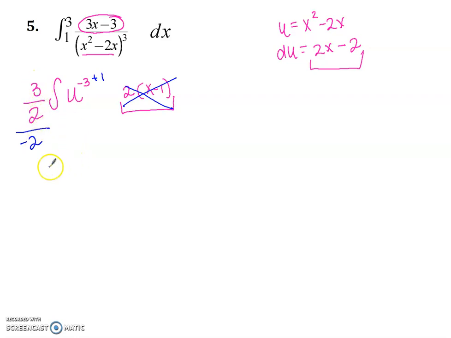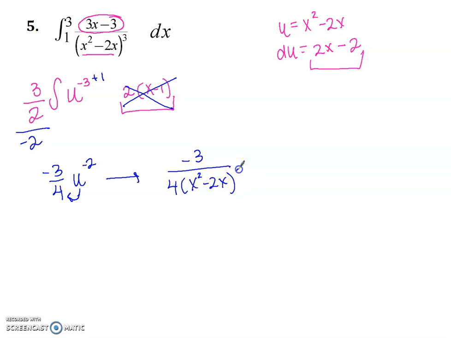So 3/4 divided by negative 2 is going to be negative 3/4 u to the negative 2. Then I need to put the x squared minus 2x back in, and I also want to move this to the bottom to get rid of the negative exponent. So I'm going to have negative 3 over 4 times x squared minus 2x squared.